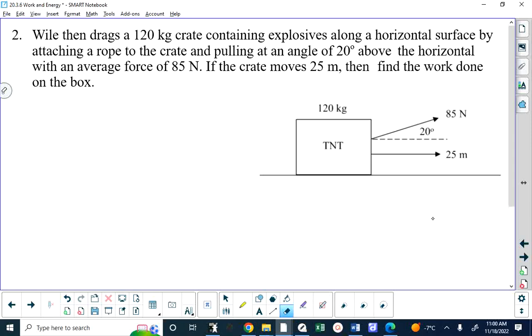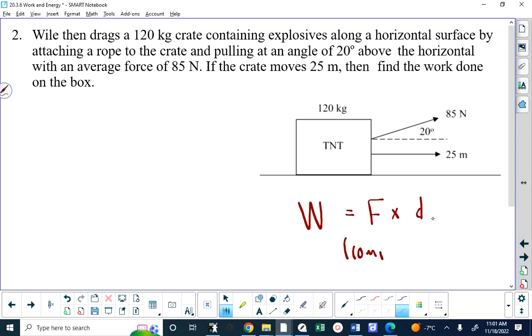Yeah? So I've told you that the work done is the force times the displacement, as long as this is in, well, what I've actually said is the component of the force in the direction of the displacement.